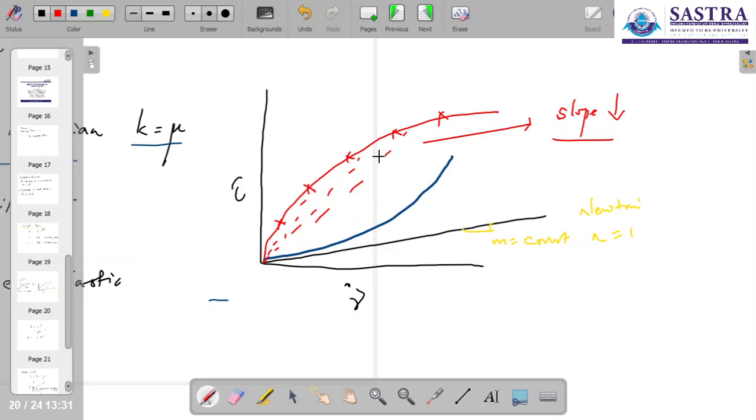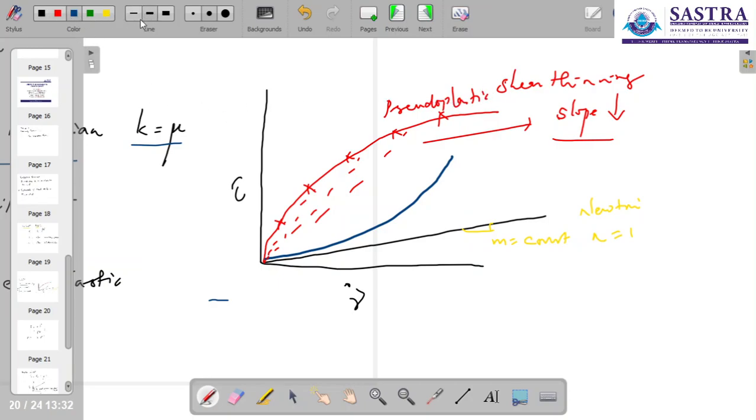Let me temporarily use the words apparent viscosity or pseudo viscosity for a non-Newtonian fluid. So this apparent viscosity decreases, which means the flow is getting facilitated. So this is a shear thinning fluid, a pseudoplastic fluid.